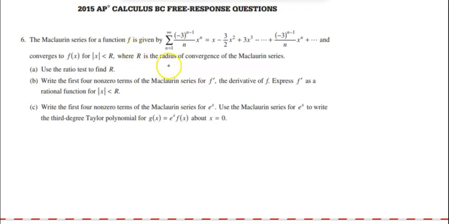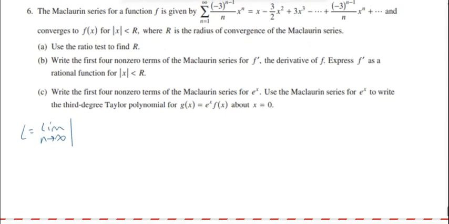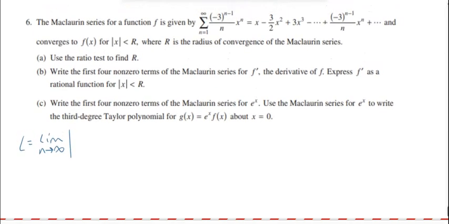So we want to find the radius of convergence. You should know that that's half the length of the interval. So what are we going to do? We're going to use the ratio test. That's what it even tells us in part A, to use the ratio test to find R. So what do I do when we're doing the ratio test? I write L equals limit as n goes to infinity, absolute value of a sub n plus 1 over a sub n.